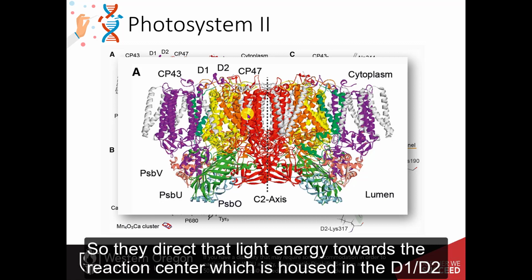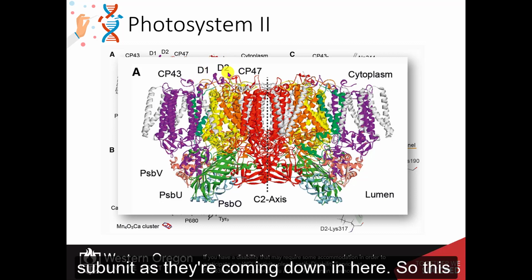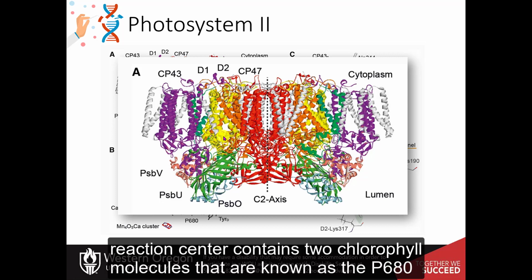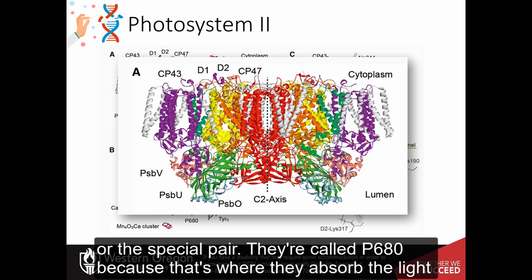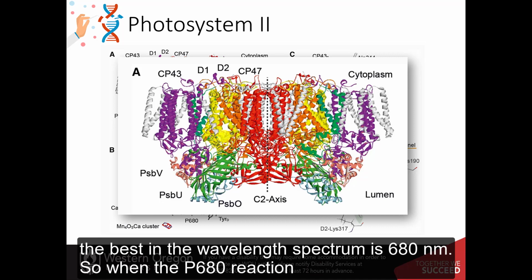So they direct that light energy towards the reaction center, which is housed in the D1 and D2 subunit as they're coming down in here. So this reaction center contains two chlorophyll molecules that are known as the P680, or the special pair. They're called P680 because that's where they absorb the light the best in the wavelength spectrum, 680 nanometers.